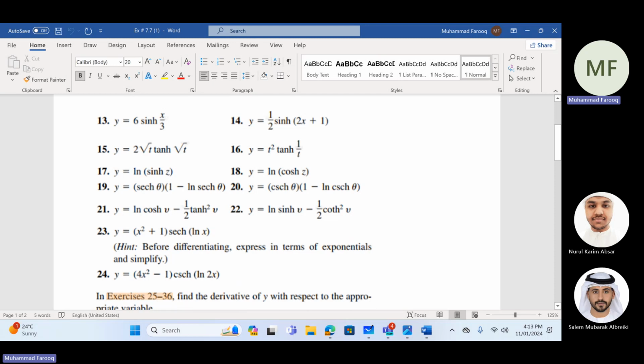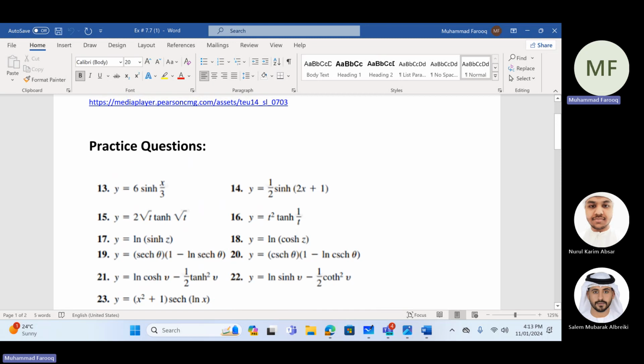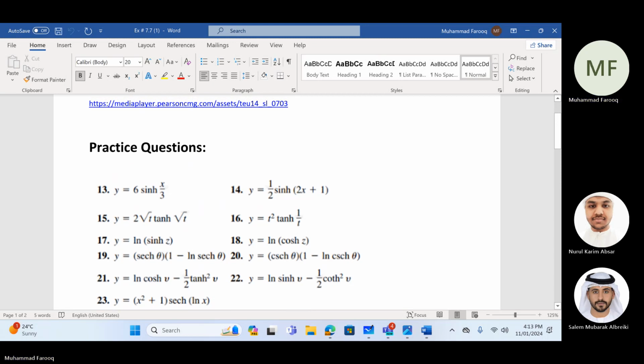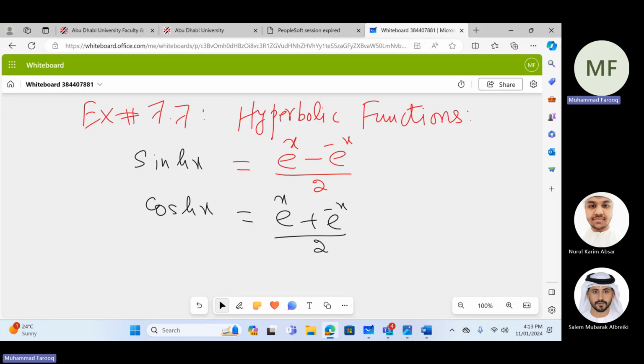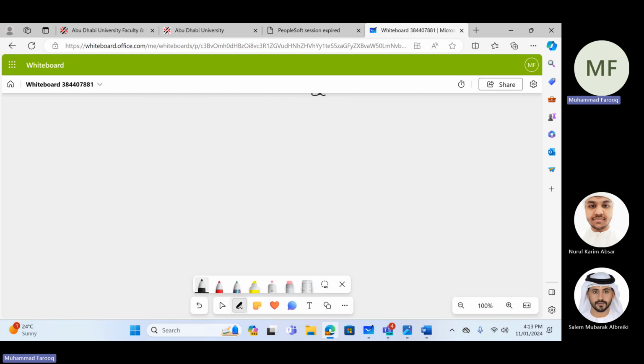Let's take any question, for example question 22. y is ln sinh v minus half coth squared v. We have to differentiate this, please. Question 22.